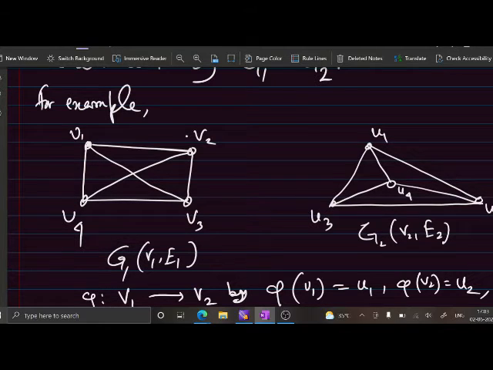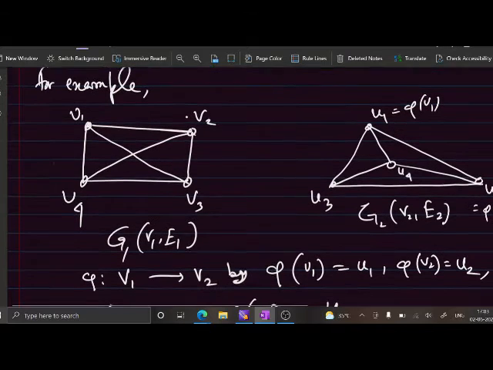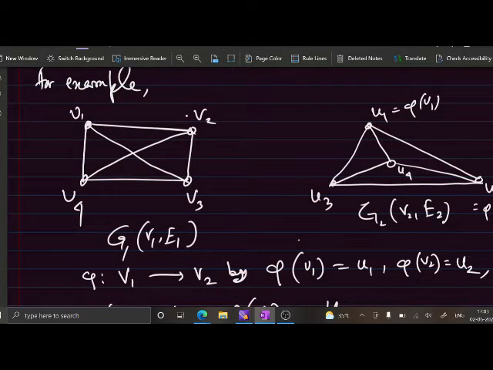So v1 and v2 are adjacent in the first graph, and their images are, v1 goes to u1, that is phi of v1, and v2 is your u2, phi of v2. So here you see that phi of v1 and phi of v2 are also adjacent. Okay, suppose you take v2, v4, then this is phi of v2, and what is v4? This. So these are adjacent.